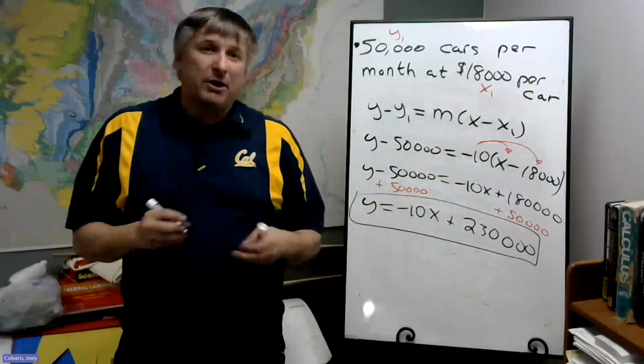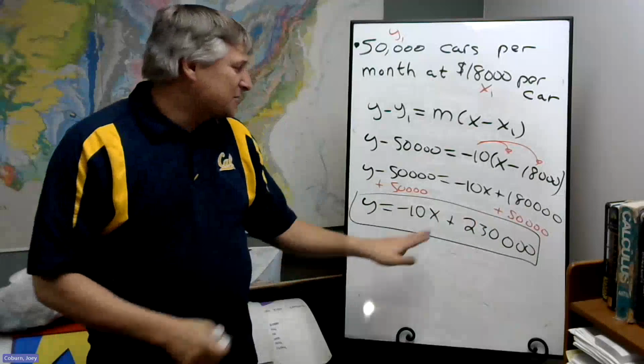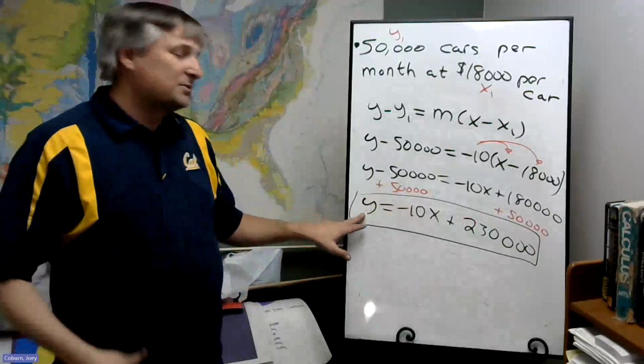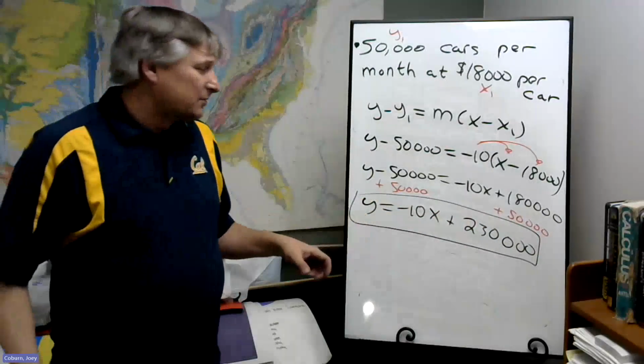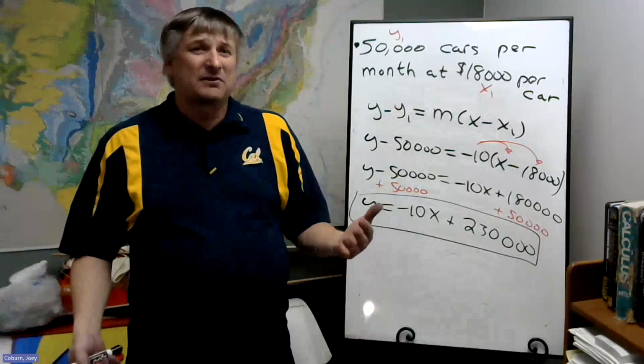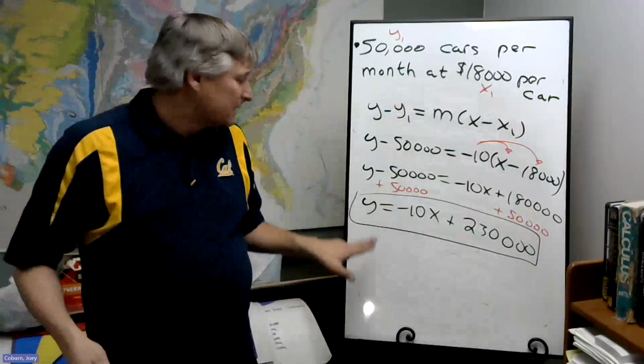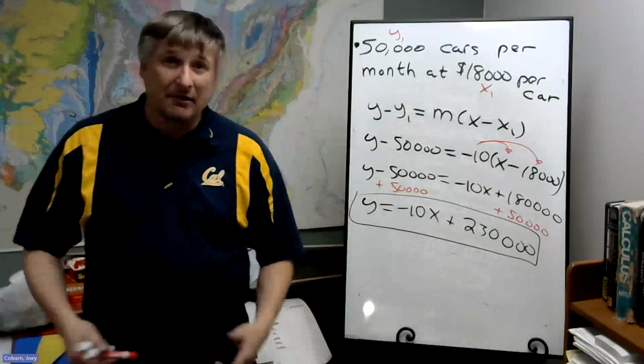So now we can answer the question. X is the choice we get to make. Y is the result of that choice. So let's say we choose to price our cars at $17,000. How many will we be able to sell?